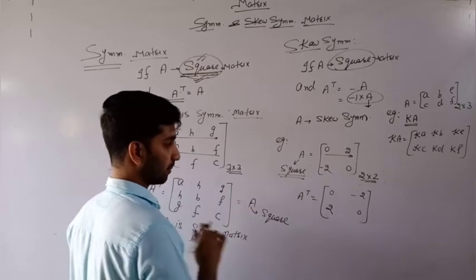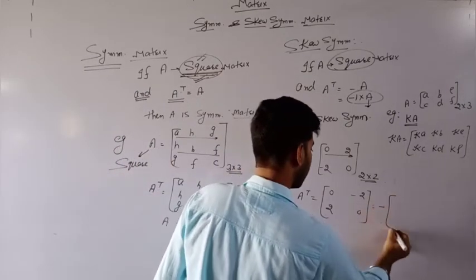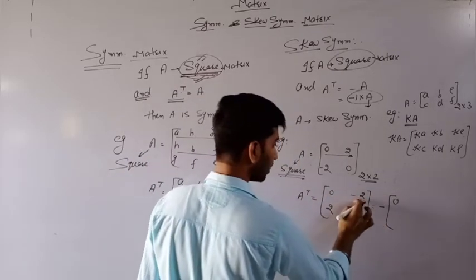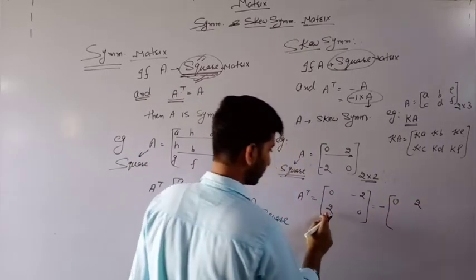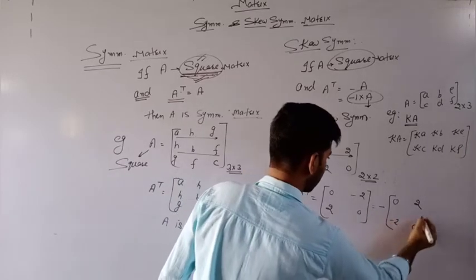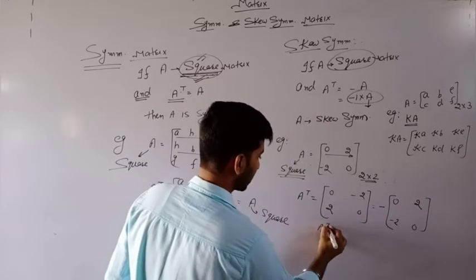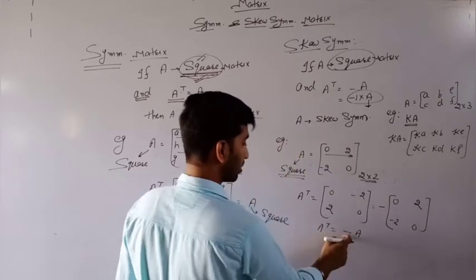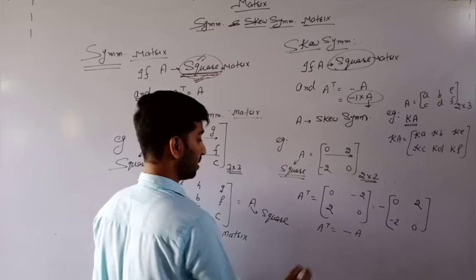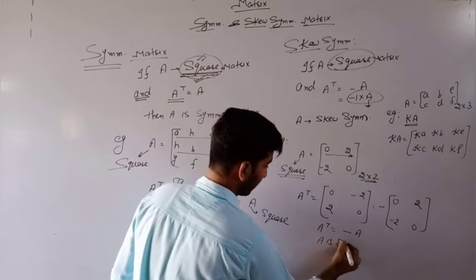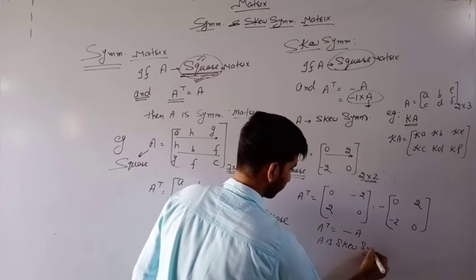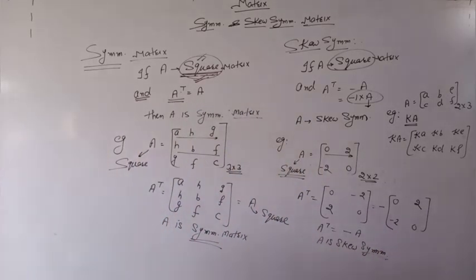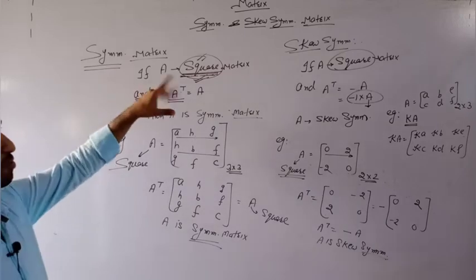It is not equal to A, but if we take minus common, then we obtain A. Minus is common, plus 2, minus common, minus 2. So A transpose is equal to minus A, and A is a square matrix, so we can say that A is a skew symmetric matrix.